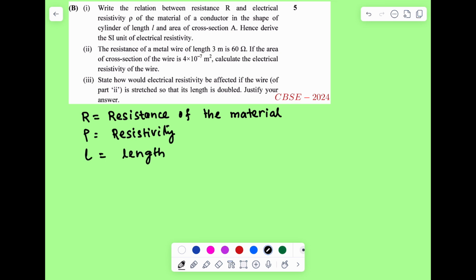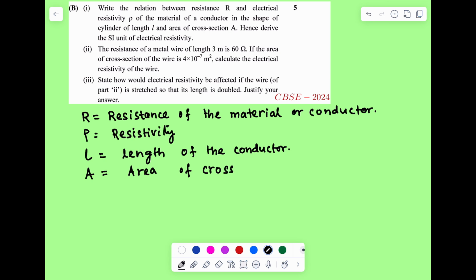L is the length of the conductor. Material, that is material or conductor. R is the resistance of the material or the conductor, and A is the area of cross section of the conductor.